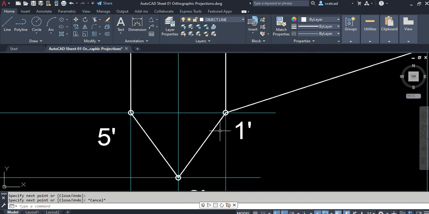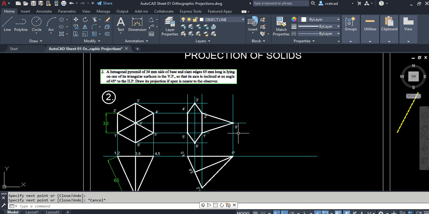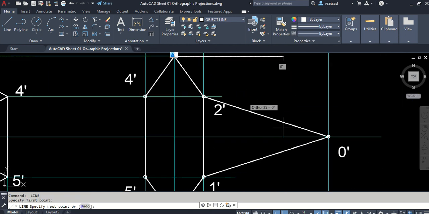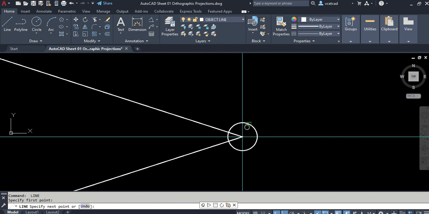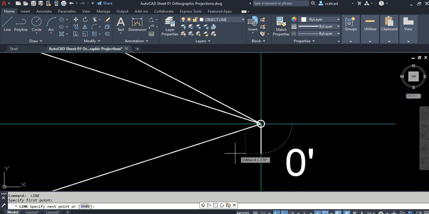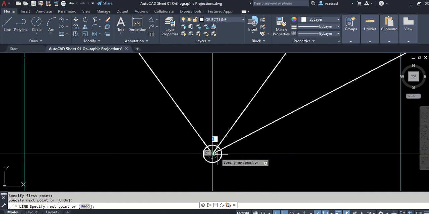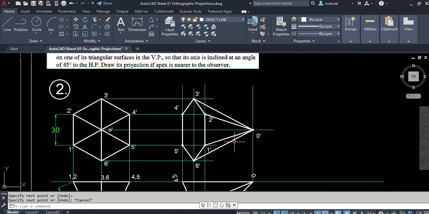Okay, after connecting the bottom face, the outer edges, whenever there is an object, outer edges will be seen as a dark line, so we have to draw it. Yes, so this is an object.